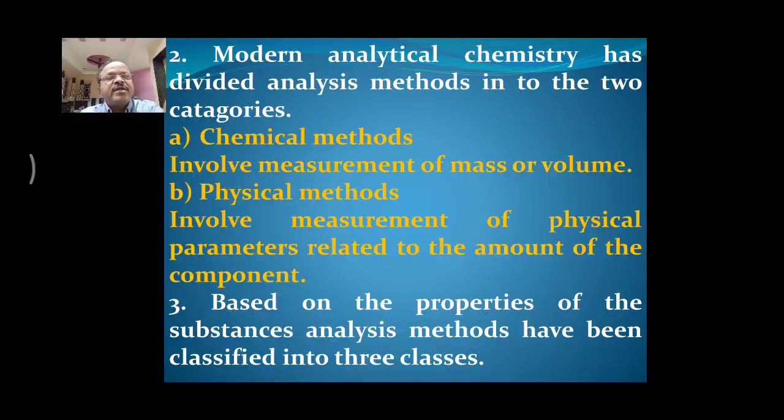In chemical methods, measurement of mass or volume is carried out, whereas in physical methods, measurement of physical parameters related to the amount of the component is carried out.